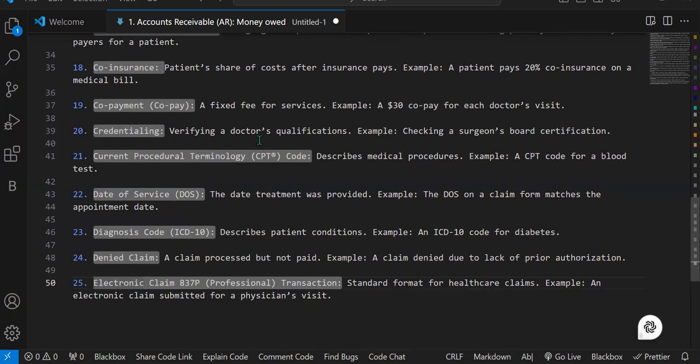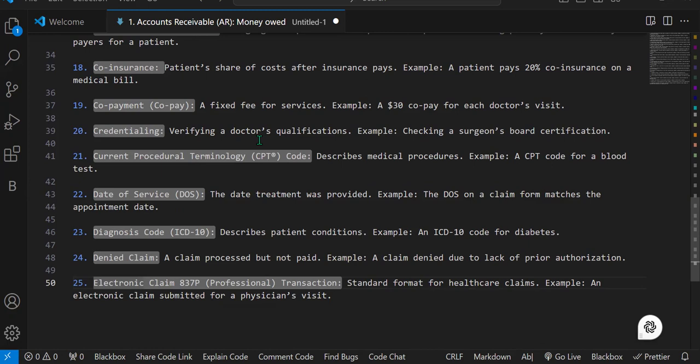Whatever procedures the doctor does to cure the patient, those procedures will be converted into codes, and those codes are called CPT codes. The CPT codes will have different modifiers, diagnosis codes, and all those things will be included in the CMS 1500 claim. So it describes a medical procedure. Example, a CPT code for a blood test. So a blood test will have some CPT codes.